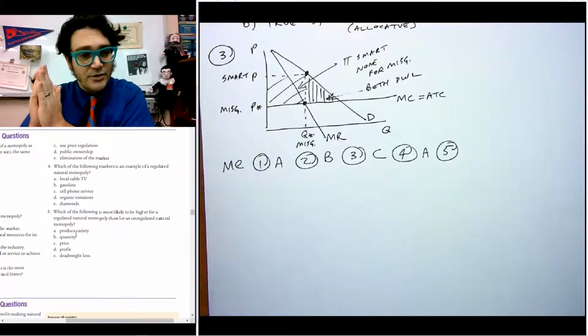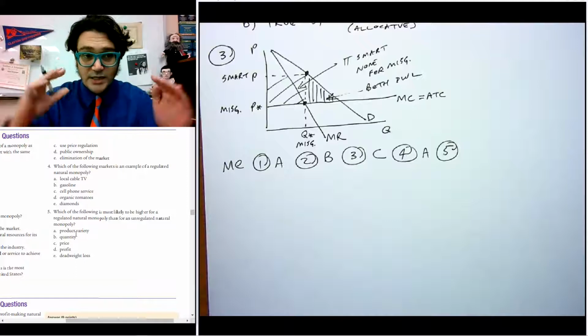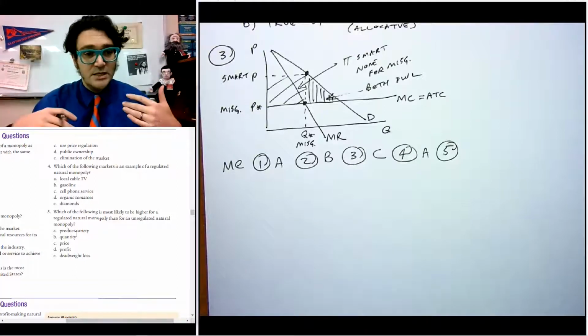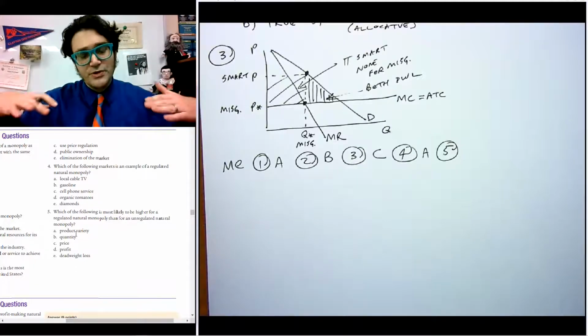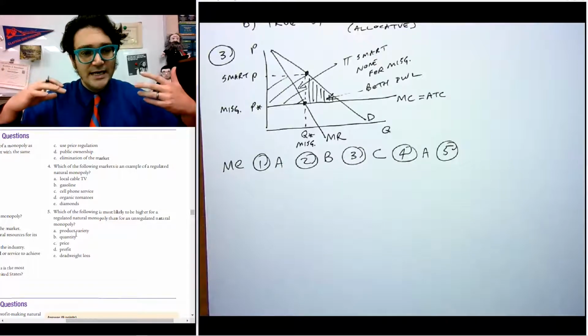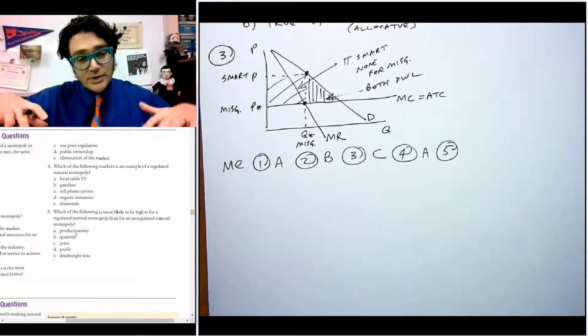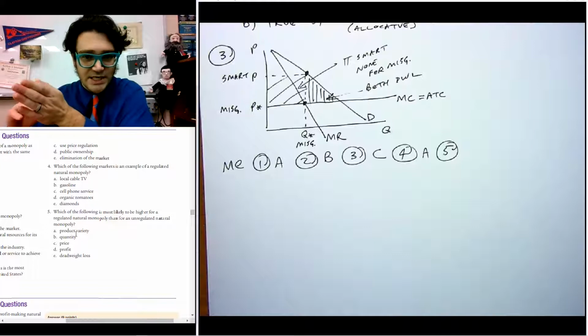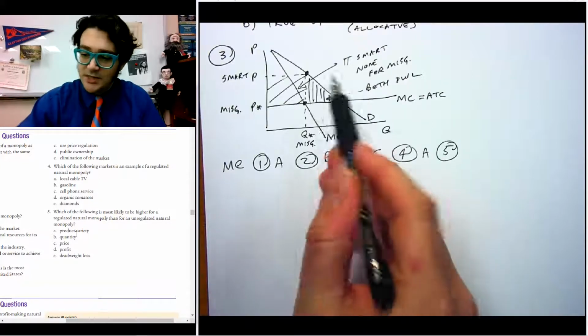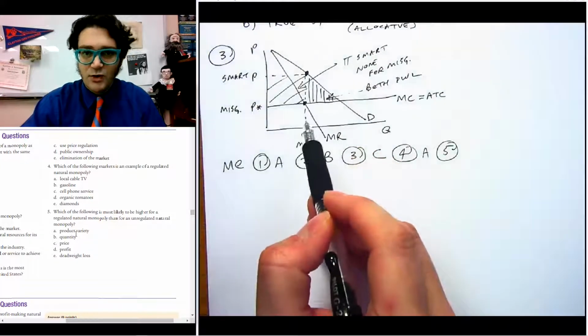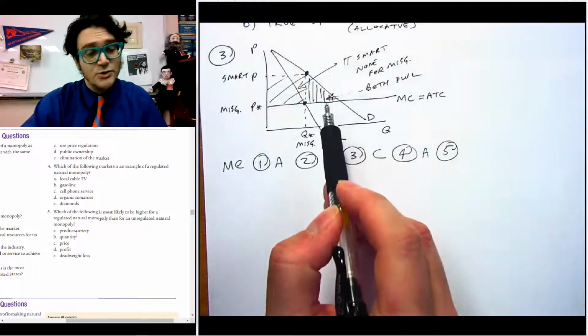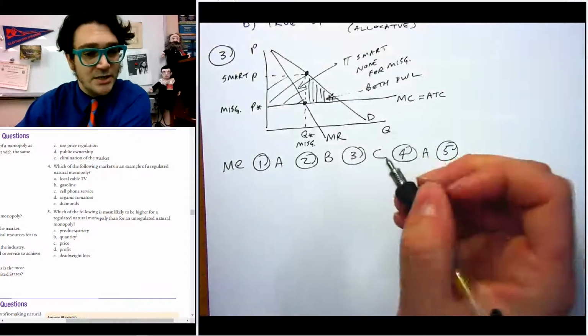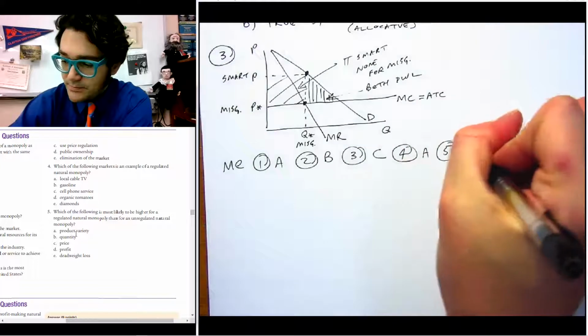Higher price, no, because a regulated natural monopoly would have a lower price. Higher profit, no, because when you lower their price, they lose profit. And higher deadweight loss, no, because when you lower the price, you increase the quantity and therefore reduce the deadweight loss. If we push that quantity over to the right, that deadweight loss triangle gets smaller and smaller. So a correct answer is higher quantity, B.